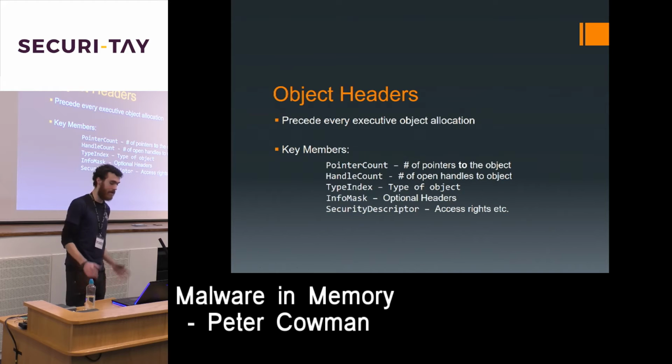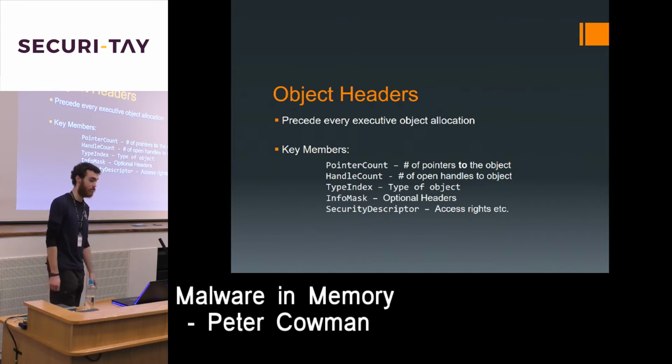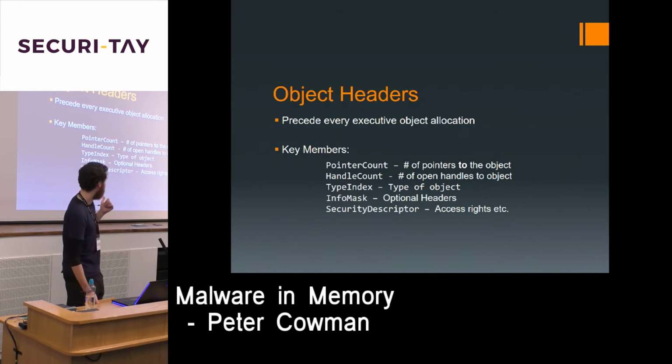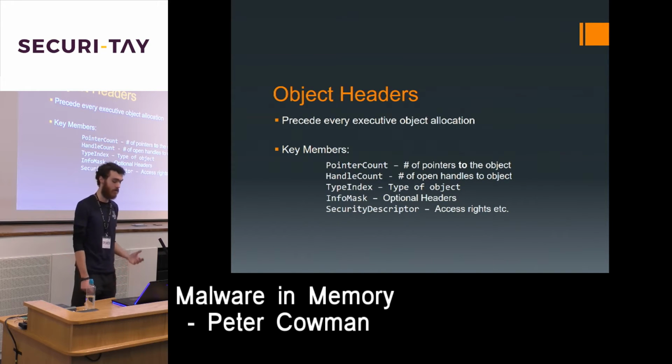So anything that has addresses into this library or DLL or whatever is referenced there. Handle count, similarly, counts anything which has an open handle to this file, anything that has the file or key open or wants to write to it. That handle count affects whether or not something will be paged out. If there are still open handles to some data, then it'll be unlikely to be paged out of memory or deleted.